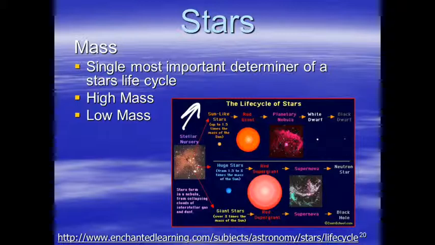So this is a normal on the top. This is a massive amount of gas on the bottom. So you either have normal or massive. If you have a normal amount of mass, all that stuff comes together, it ignites, you have a normal star.